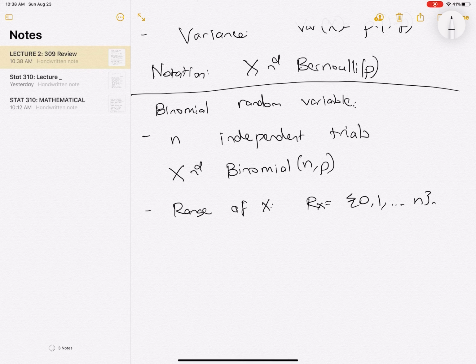And so this is going to be our range, and as you can see, this is discrete. And as I mentioned, a discrete random variable is defined by its PMF. You can actually show that the PMF for this random variable has a nice explicit formula, which is given by this.